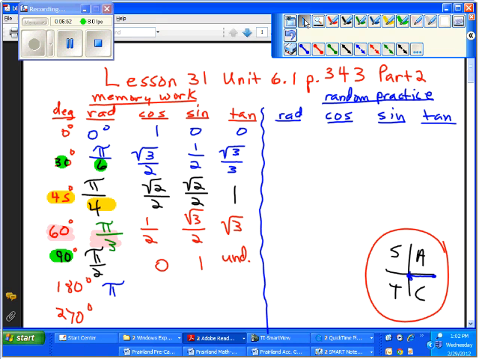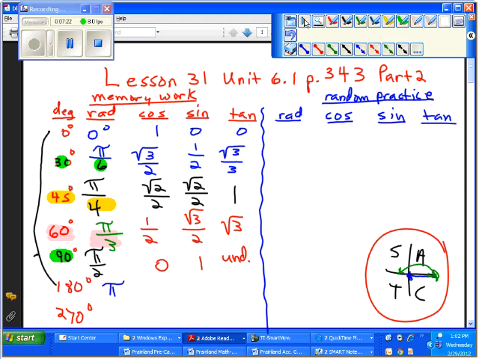Now, what happens when we go from sine of 0 over to sine of 90, or cosine of 0 over to cosine of 90? What happens when we go from over here to over here? It's a sign change, right? So if we go to 180, there's going to be a sign change.